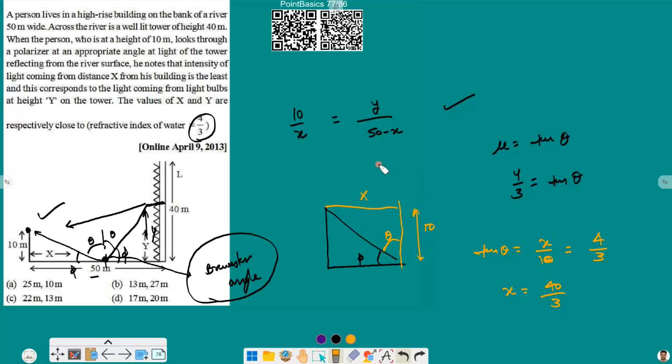Now x is 40 by 3. If we substitute it here, what we will get? We will get 10 divided by 40 by 3 will be equal to y divided by 50 minus 40 by 3.